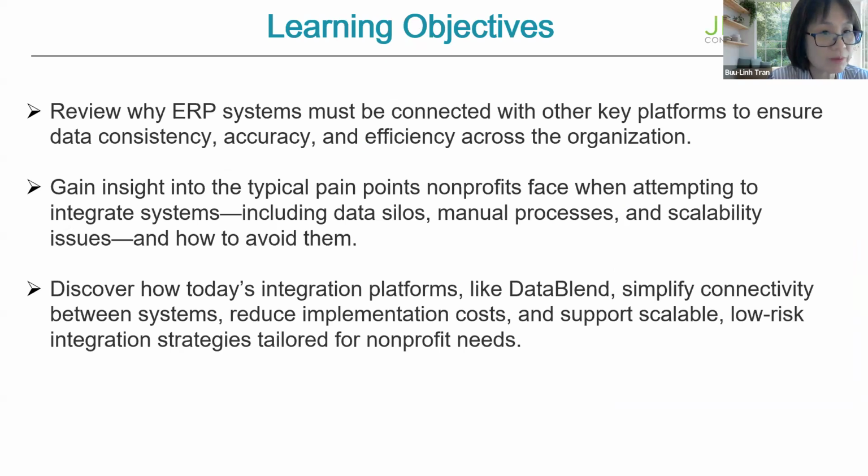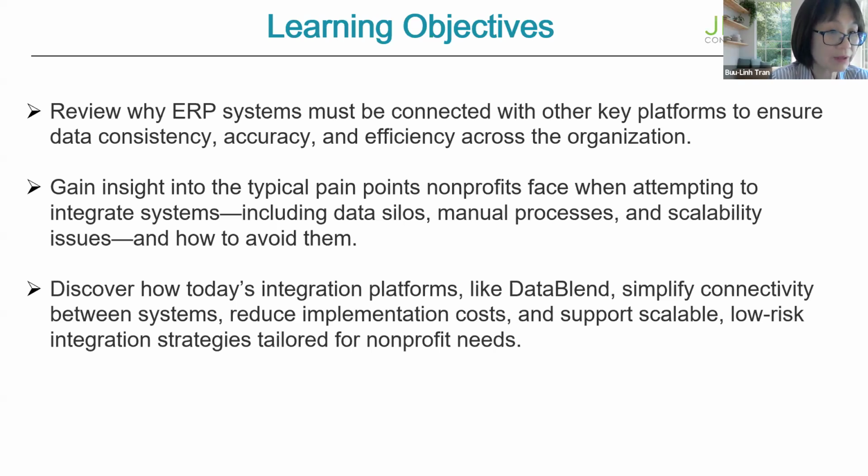Just a couple of bullets in terms of the learning objectives for today. We'll be reviewing why ERP systems must be connected with other key platforms to ensure data consistency, accuracy, and efficiency across the organization.